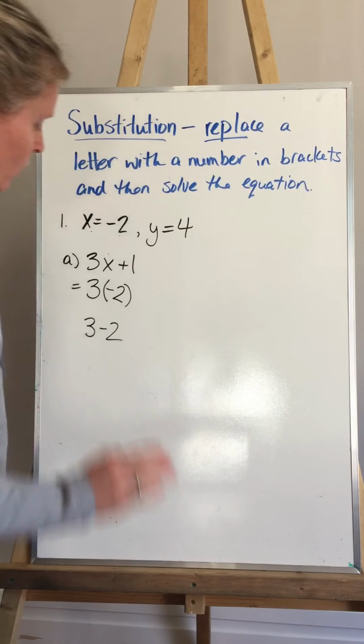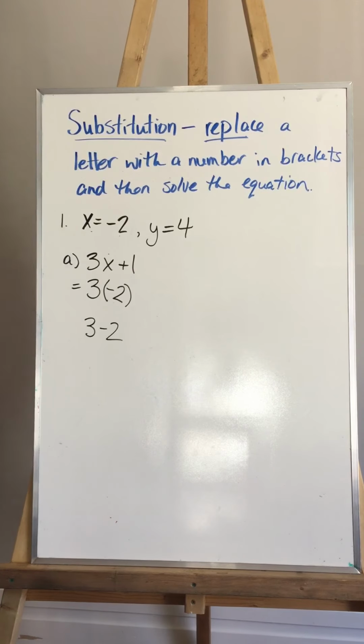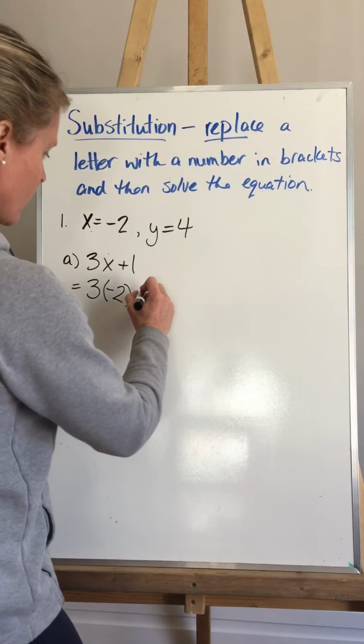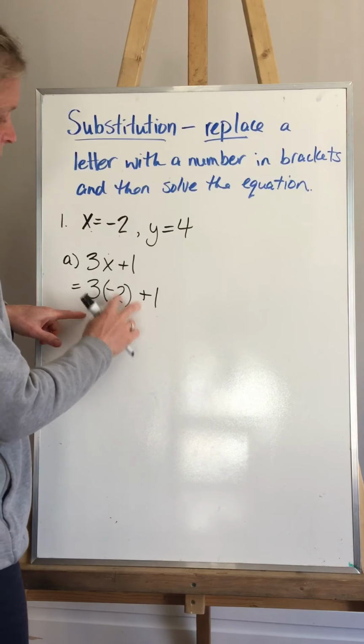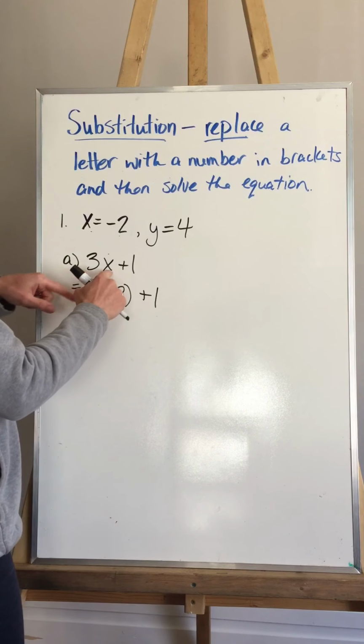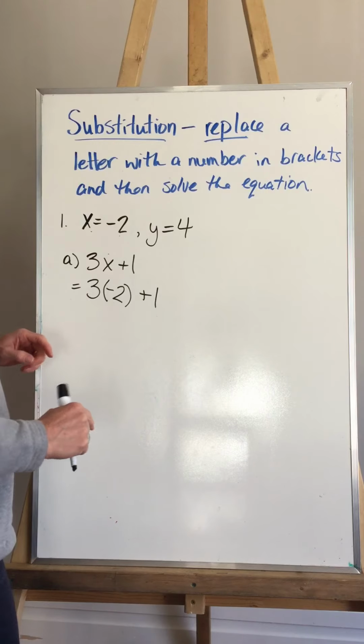Okay, so that's why we always set up the brackets. Sorry, I forgot my eraser today. Okay, and then we can't forget about the +1. Okay, so the second line should really just look like the question, except that instead of the variable, you've put the number in. Okay, everything else stays the same.